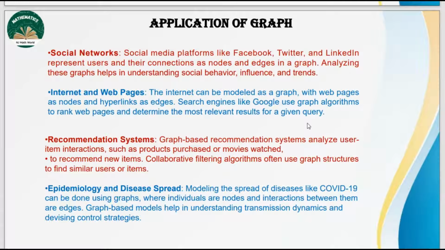The next one is recommendation systems. Graph-based recommendation systems analyze user-item interactions such as products purchased or movies watched to recommend new items. Collaborative filtering algorithms often use graph structures to find similar users or items.